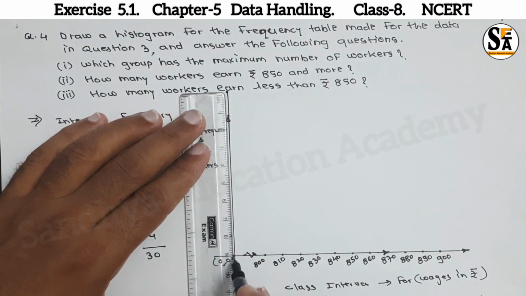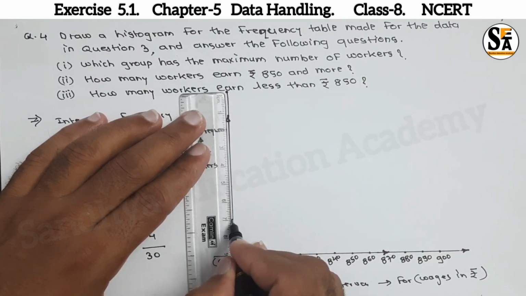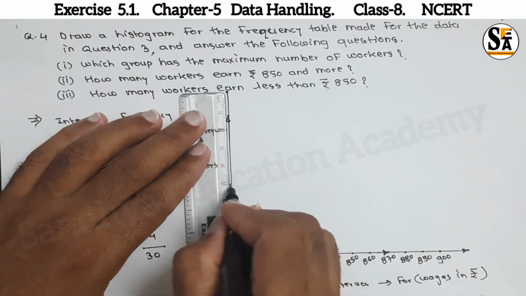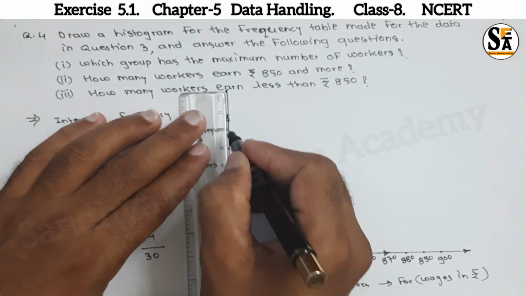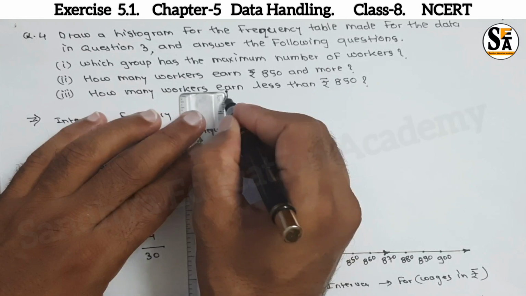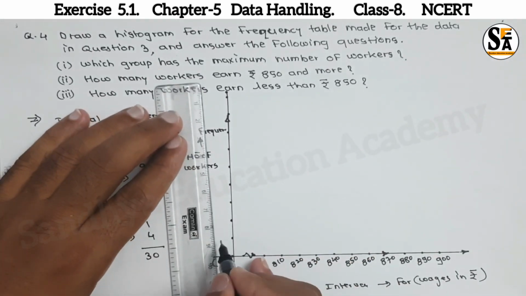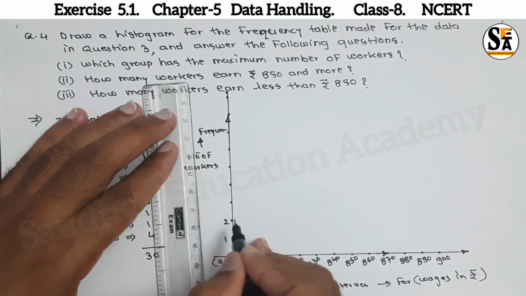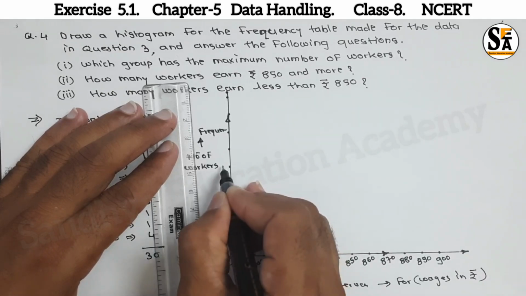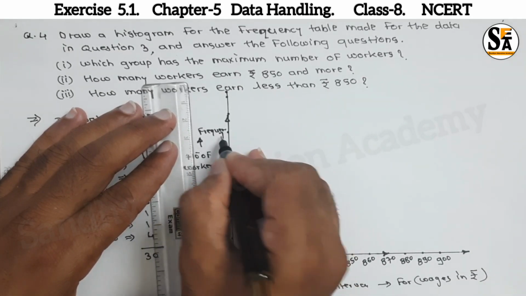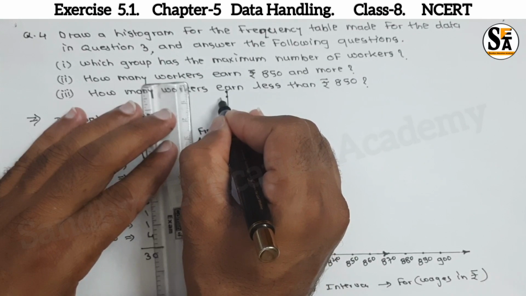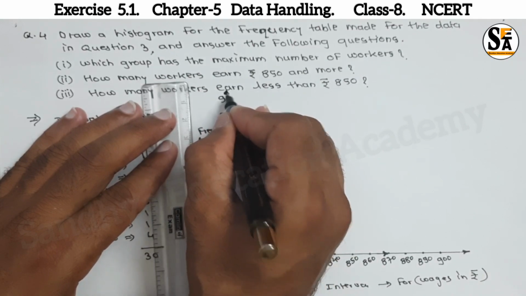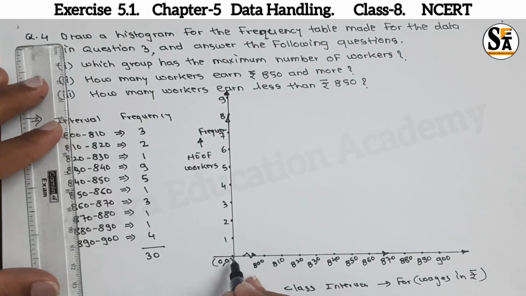So make 1 centimeter for one worker: 1, 2, 3, 4, 5, 6, 7, 8 and 9. This line will extend. Here we have not broken this line because we are starting from 0.